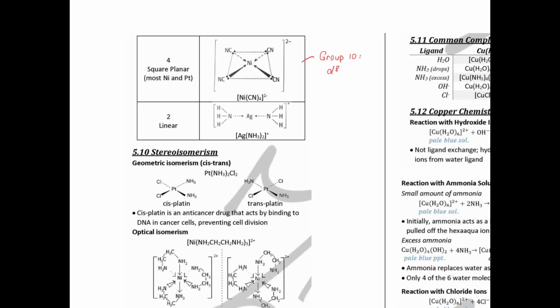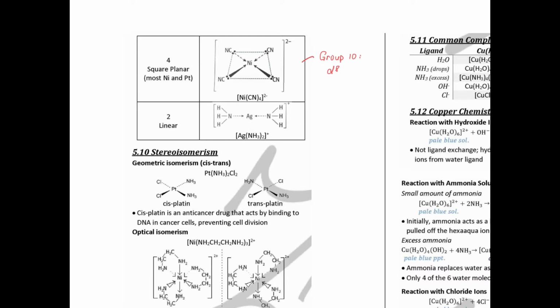So you have 50% chance now, like when they form 4 dative bond, then you can try either tetrahedral or square planar. So nickel, platinum, you put square planar, the chance to get it correct is very high.